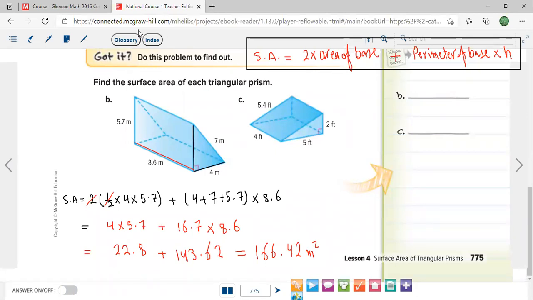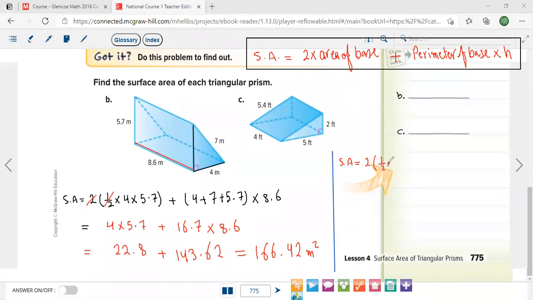Now, problem C. Let's solve it here. I'm going to apply the same rule. Surface area equals 2 times the area of the base. So 2 multiplied by the base shaped like a triangle.